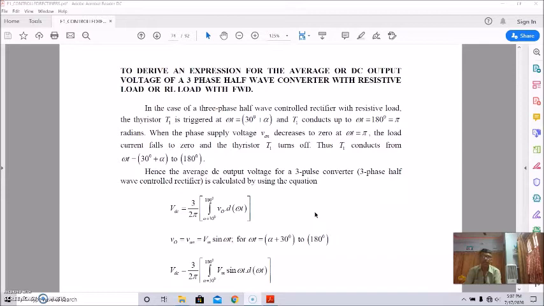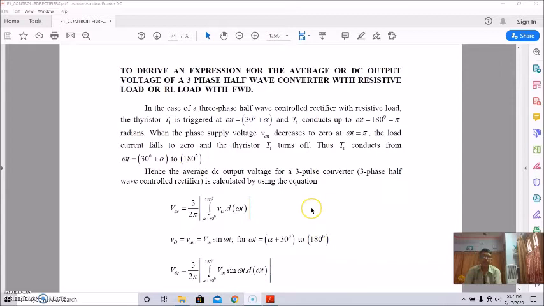When the phase supply voltage VAN, that is A phase, decreases to 0 at omega t equal to pi, the load current falls to 0 and thyristor T1 turns off. So this is natural commutation. T1 conducts from omega t equal to 30 degree plus alpha to 180 degree.